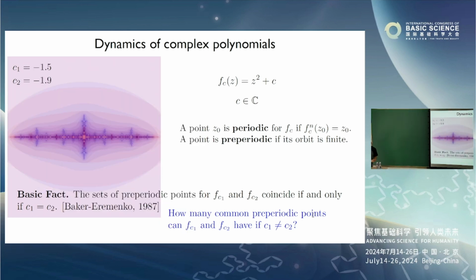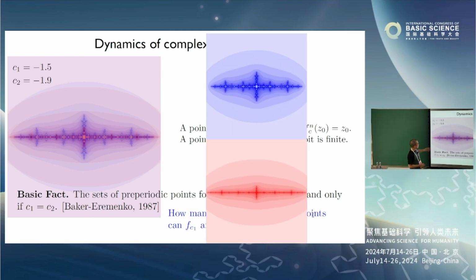But the thing is that the preperiodic point set is dense in the Julia set, in the sense that it has more information. So this one is c equal to -1.5 and -1.9. So you have two Julia sets, and you can imagine that Julia sets might have lots of intersection.